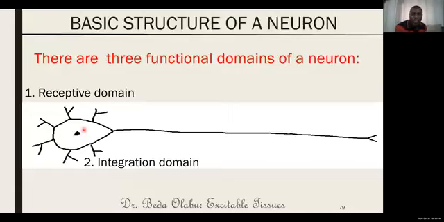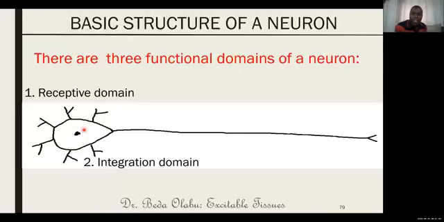If you are to have a similar concept now within the central nervous system, then that's what we call the gray matter. So gray matter is a collection of neuronal cell bodies inside the central nervous system.